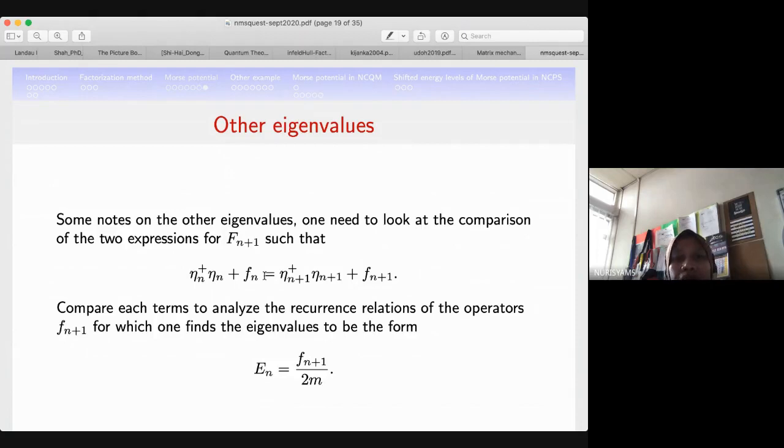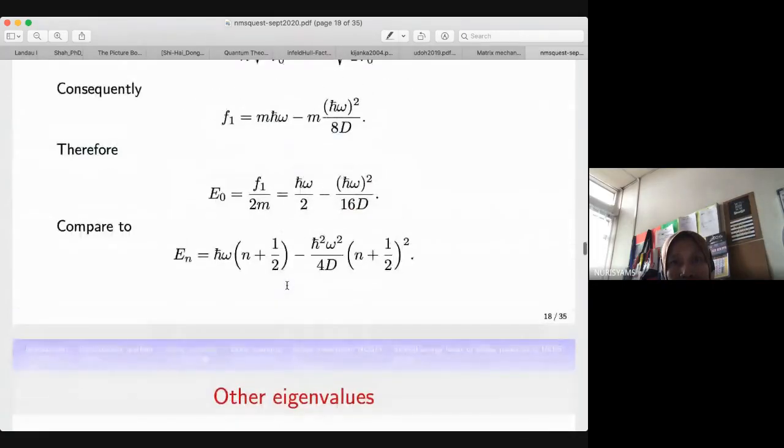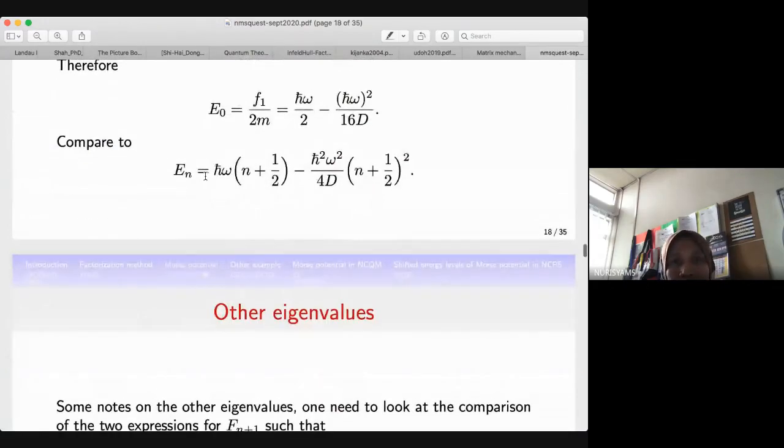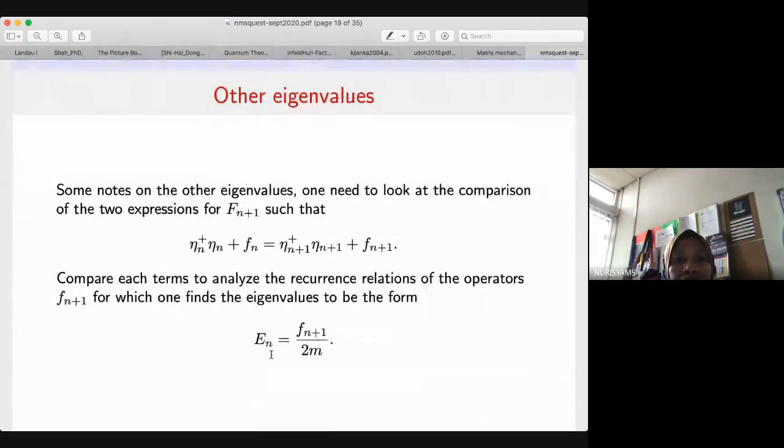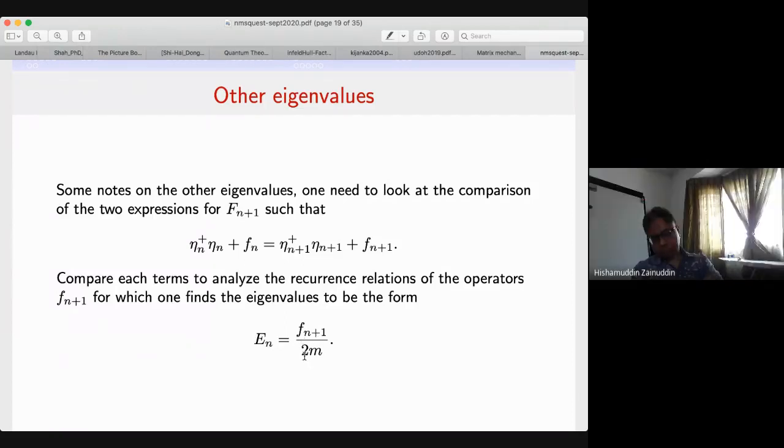Once you compare them, and compute eta n plus eta n, and then the other side will be eta n+1 plus eta n+1, and then you rearrange following the same technique, the same rules, you will arrive at this form. And then at the end, your eigenvalues will be expressible as En equals Fn+1 over 2m.